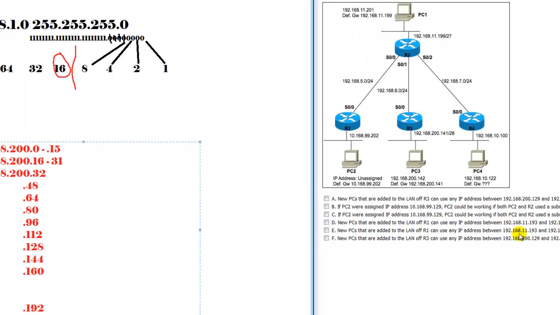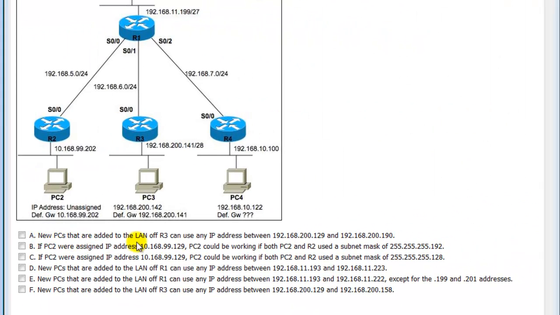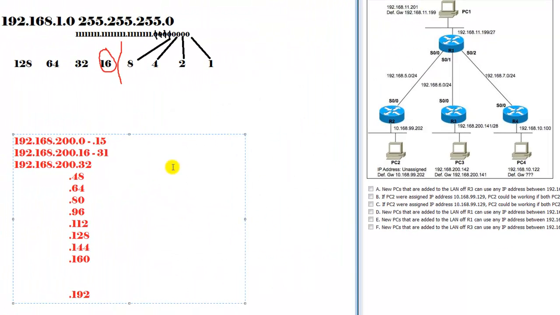But anyways, it's asking if any PC was to join router 3 can use any IP address between 192.168.200.129 and 190. So let's just look for 129. So 129 would be in this network here, right? Because 128 goes to dot 143.